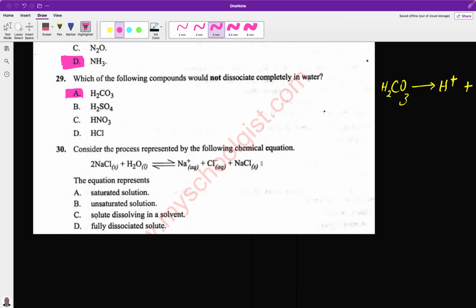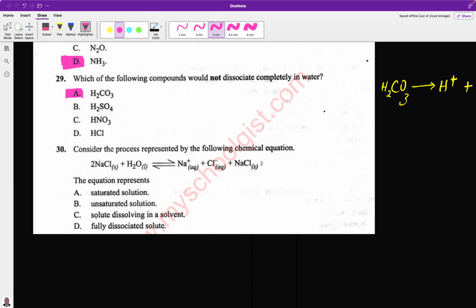When all the solid is not dissolved in the solvent, at the end we have ions and some of the solid salt left, and we say the solution is saturated.